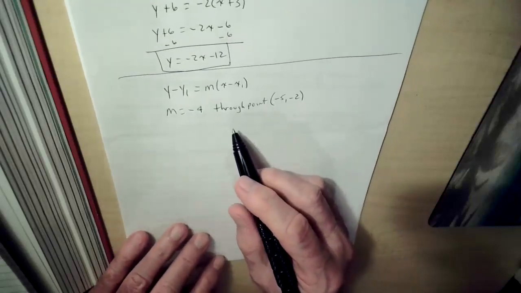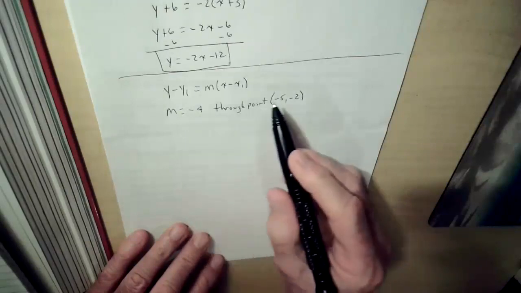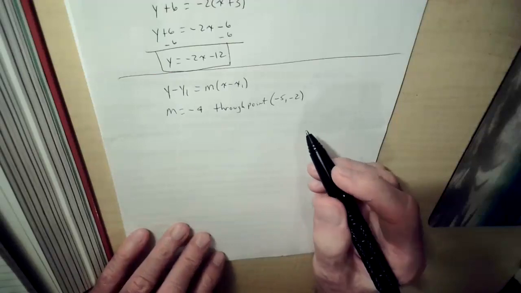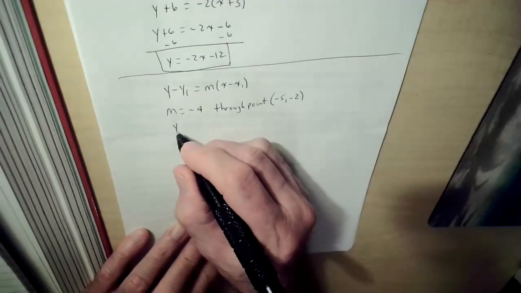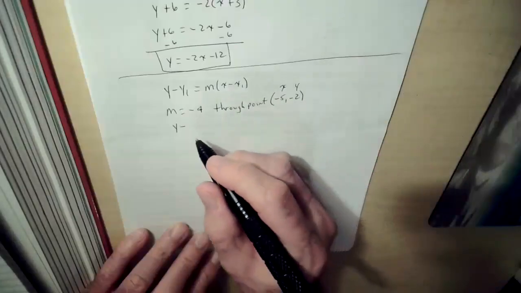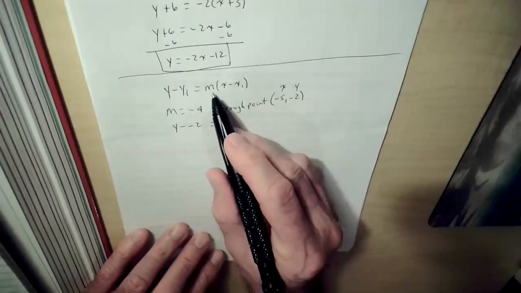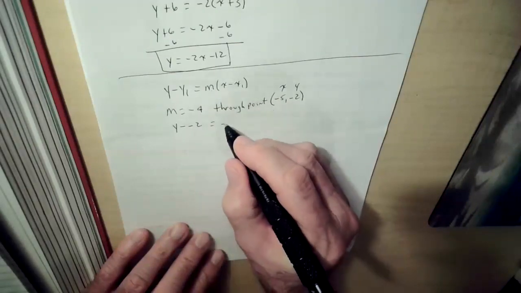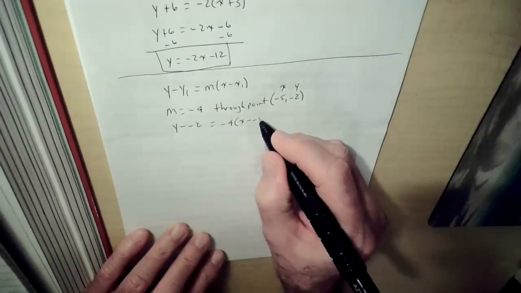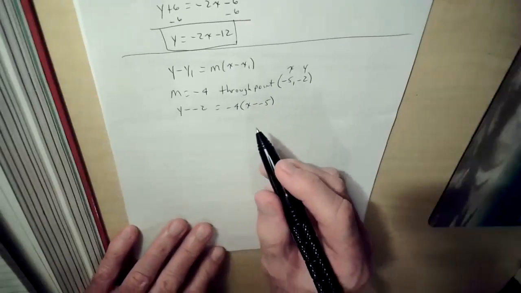Okay? Look, when you see this, if your brain goes numb, just ask yourself, what am I given here? You're given a slope, you're given a point. So what formula are we going to use? Oddly enough, point-slope. So we get y minus y1, x and y, minus a negative 2, equals m, which is negative 4, open x minus a negative 5.